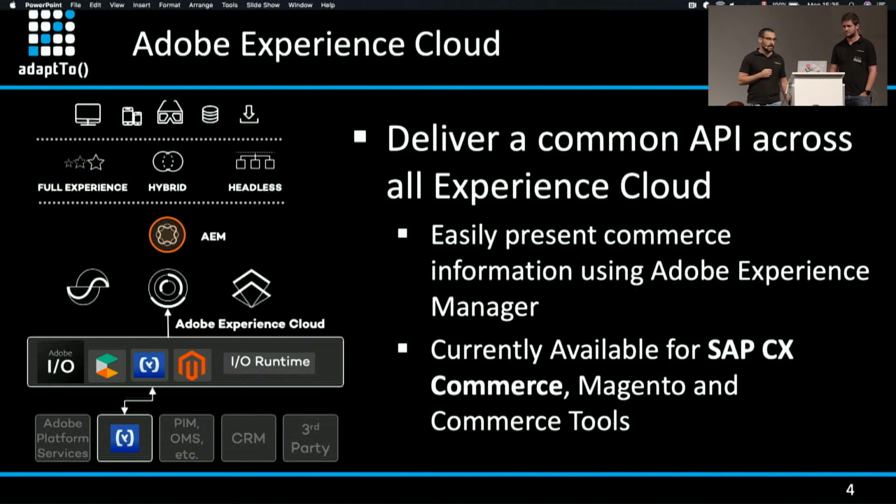What we want to show you is a way to deliver a common API across the complete Experience Cloud. Adobe provides a complete suite of products, including AEM, Adobe Campaign, and other things inside the Experience Cloud.